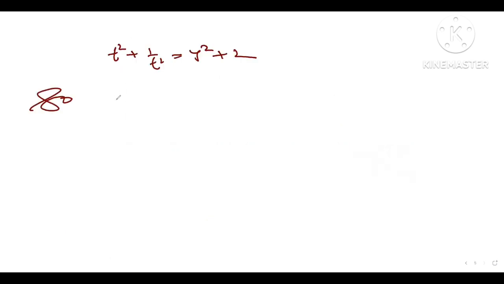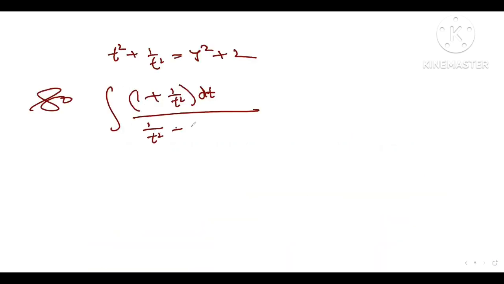So what is the statement here? Integral of (1 plus 1 by t square) dt by (1 by t square plus t square minus 1).